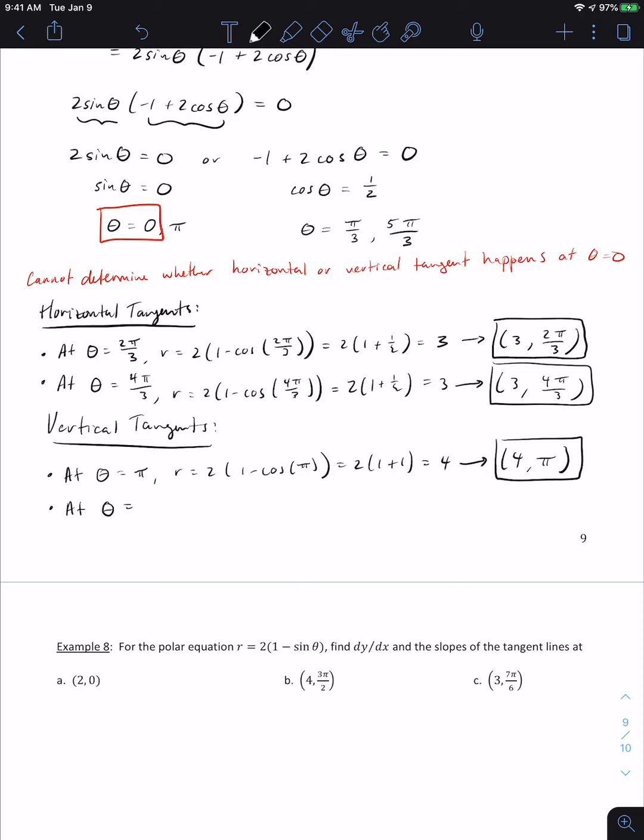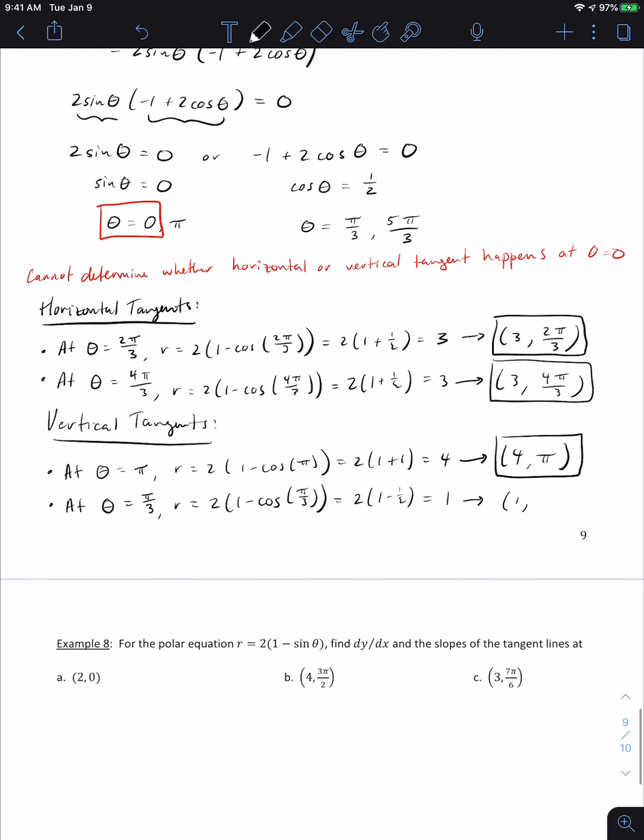At theta equals pi over 3, r equals 2 times 1 minus cosine at pi over 3. Cosine at pi over 3 is 1/2. So 1 minus 1/2 is 1/2 times 2 gives me 1. So I get the point 1, pi over 3.